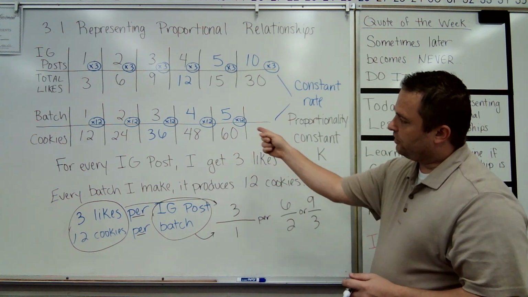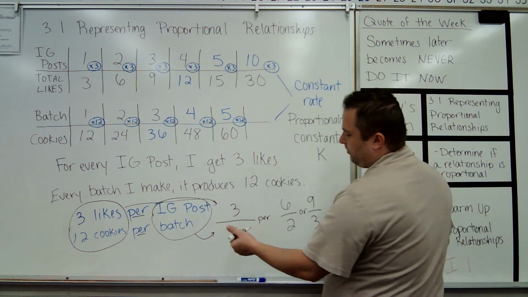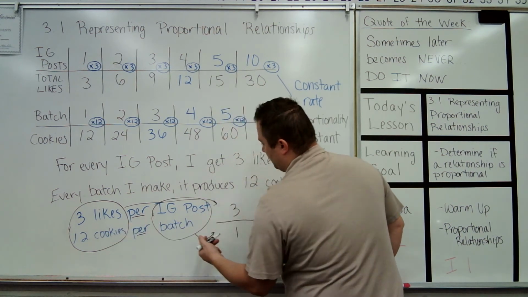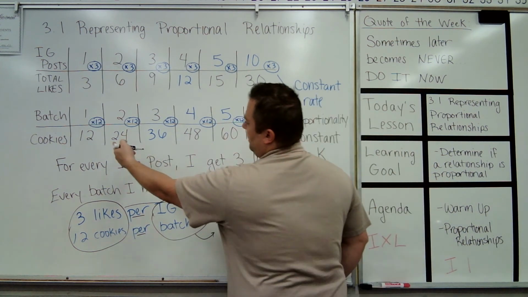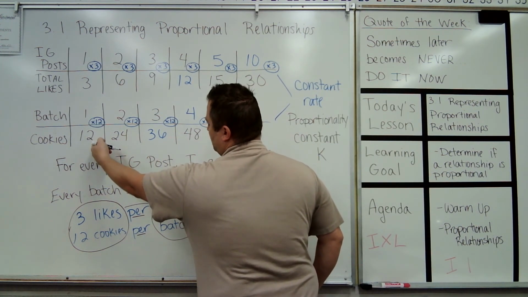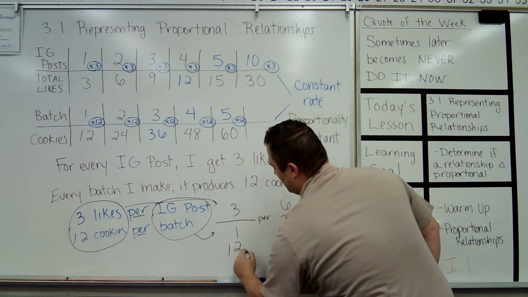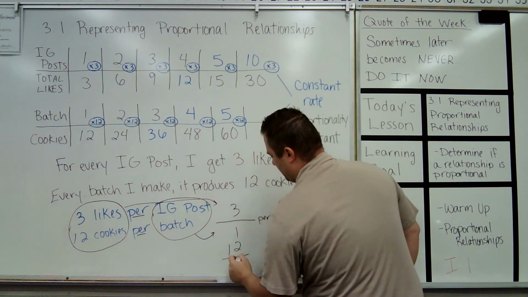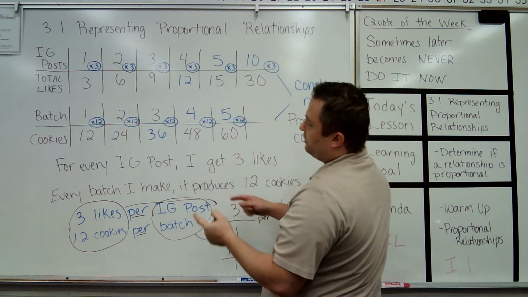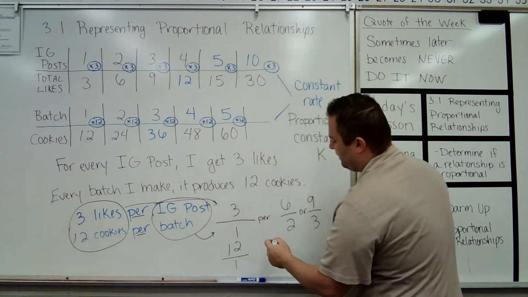In the case of the cookies and the batches, the cookies go on top. Any cookie goes on top. So cookies go on top. 12 over 1. 12 over 1 is 12. I could have used any of the other ones as well.